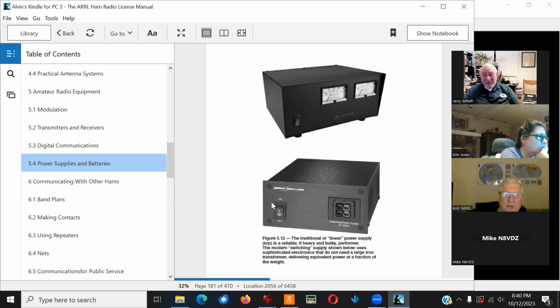That way you don't have to buy two power supplies. You can get something in the 25 amp range that would satisfy everything. And usually you're not talking with two microphones, so you'll use one at a time. So that's what I recommend.